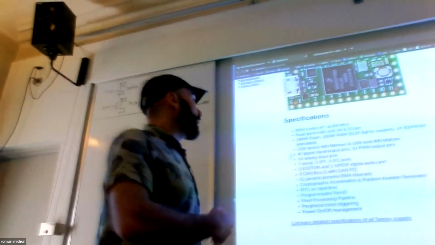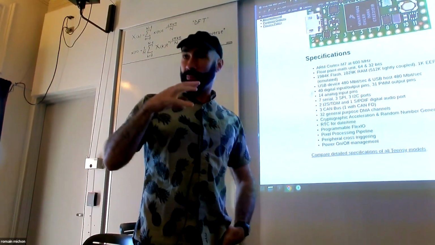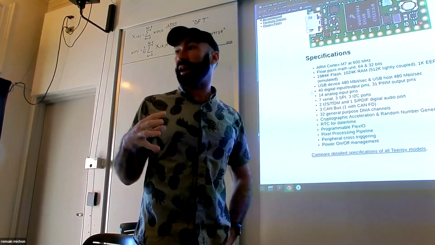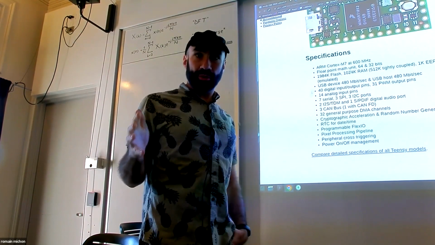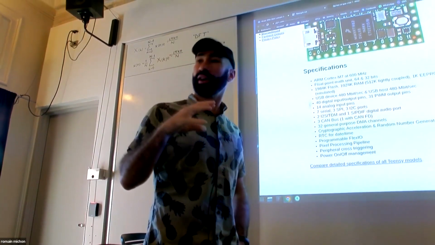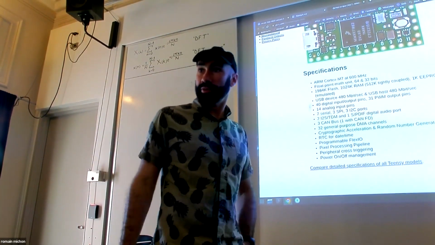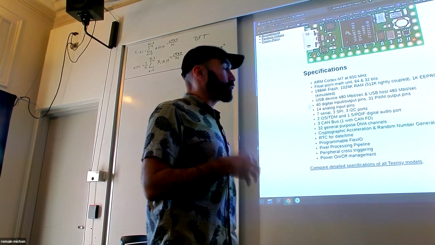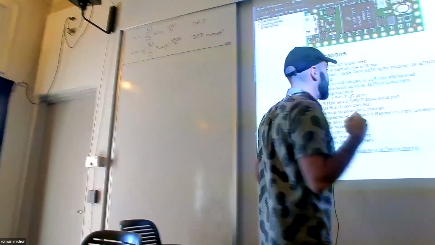All that to say that with the Teensy 4.0 that you have in your kits, you're never really going to run out of computing power. Most of the things we're going to do in this class will run fine on the Teensy 4.0, so you're not really going to have to think too much about this.